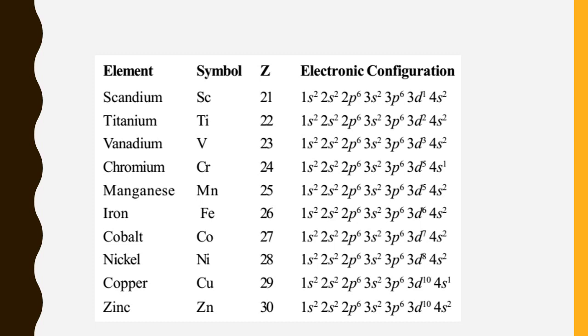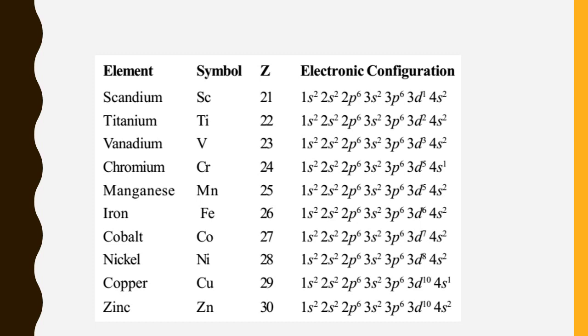One thing, chromium and copper. The outermost electronic configuration you see is 3d5 4s1 for chromium and 3d10 4s1 for copper. These two are exceptional electronic configurations.